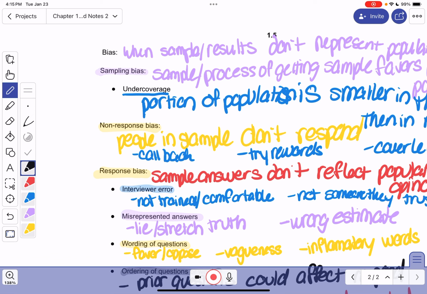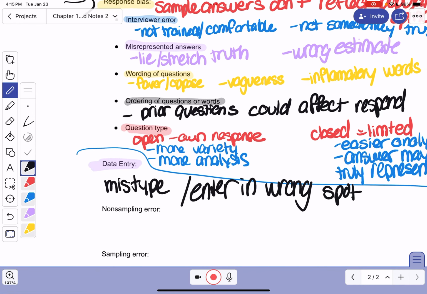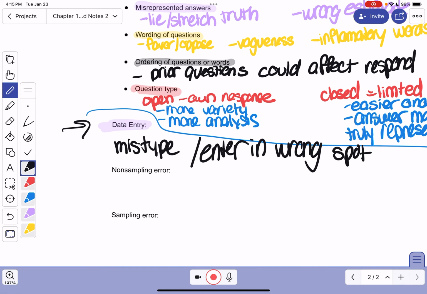So we've talked about where the sampling error comes in. We've talked about not getting responses or different things that could affect the responses. We've talked about data. So now another way to break down the error is a non-sampling error or a sampling error. A sampling error just happens because we use a sample, because we're not asking everybody.